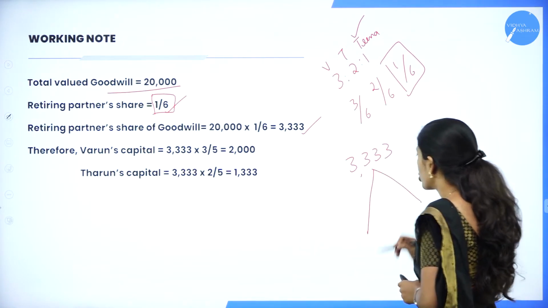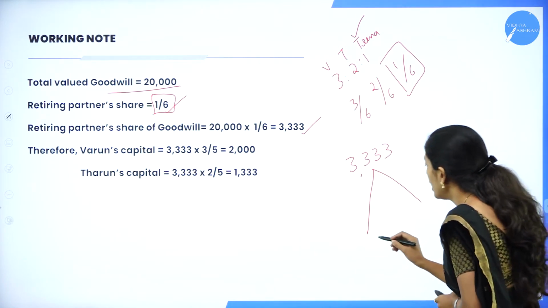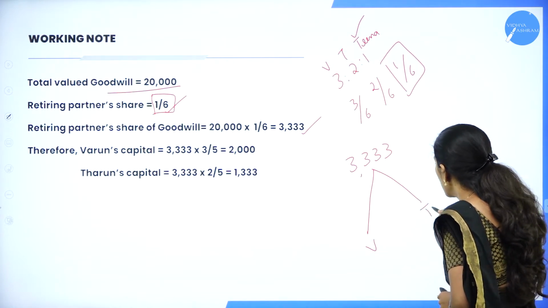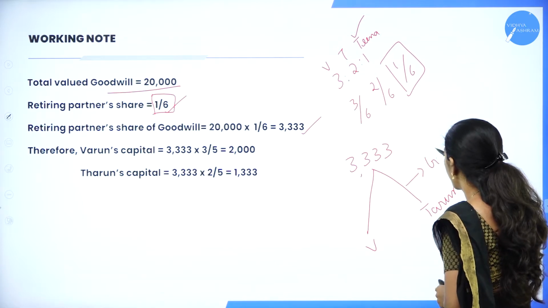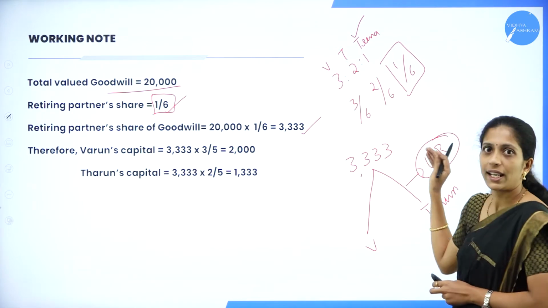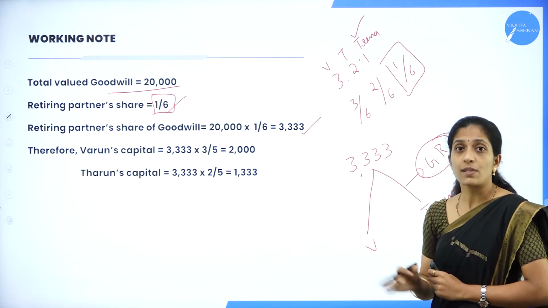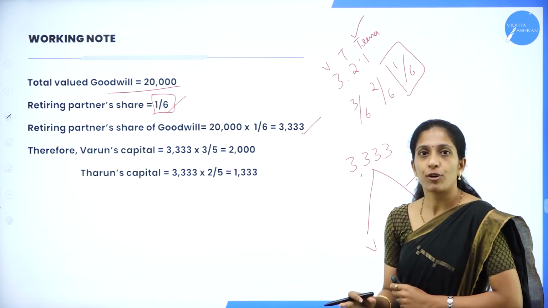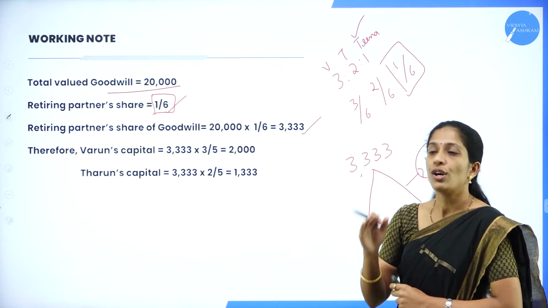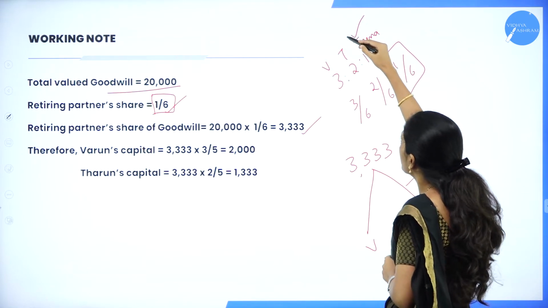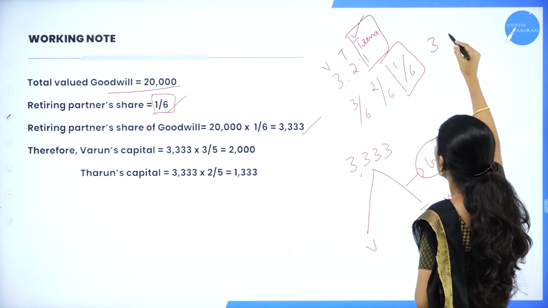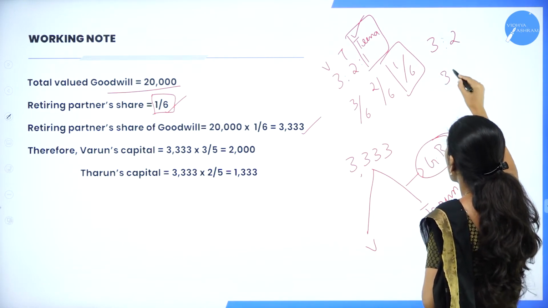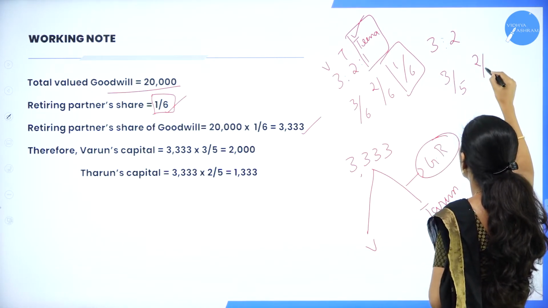Now it has to be distributed among the remaining partners, Varun and Tarun, in which ratio? In gain ratio. But in this problem, there is no other information to calculate the gain ratio. So we will take the remaining share, which is 3:2, written as 3/5 and 2/5.